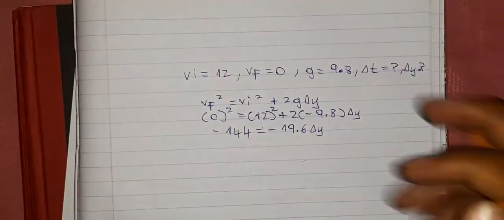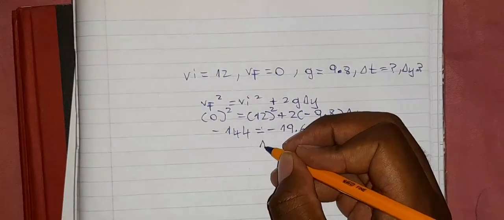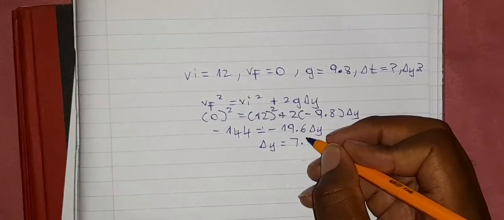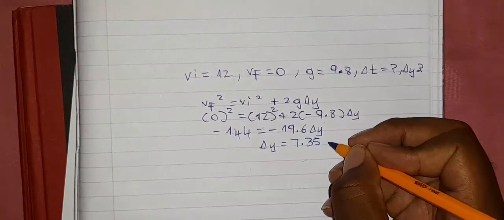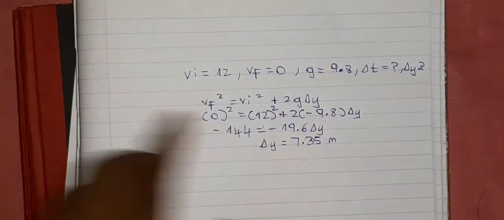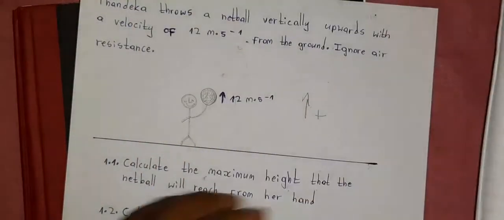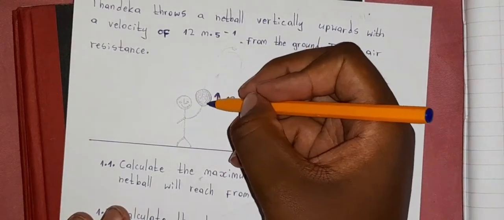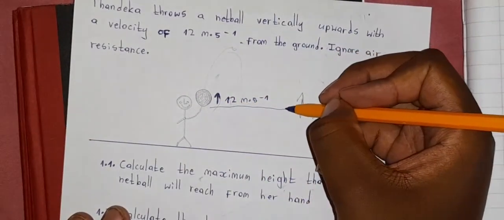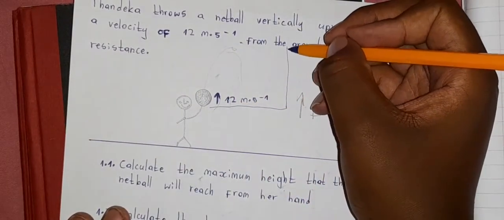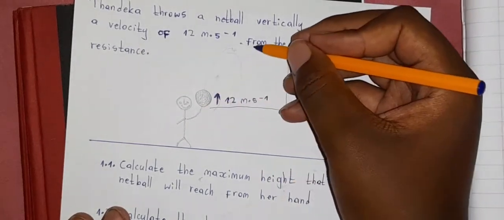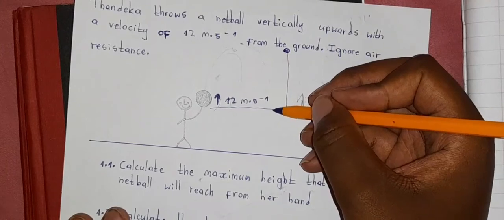I'm going to convert it. So 7.35 meters. And what is this height here? It is the height from Tandega's hand to its maximum height, because it will reach a maximum height and then come back to where it was thrown.